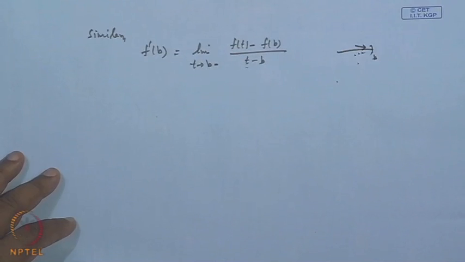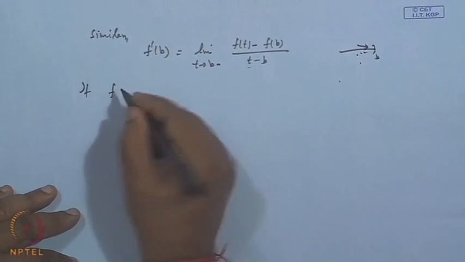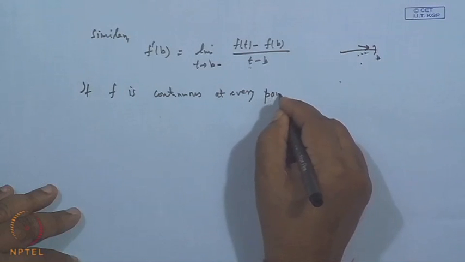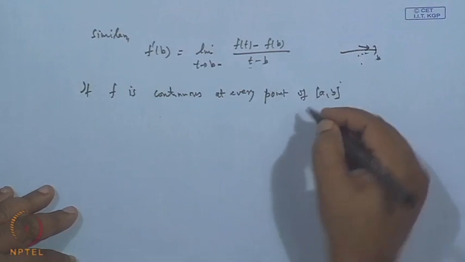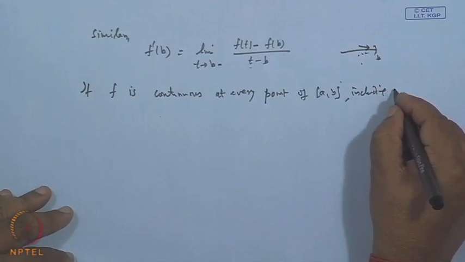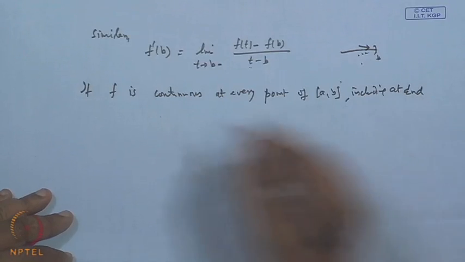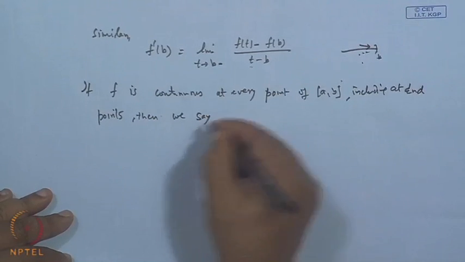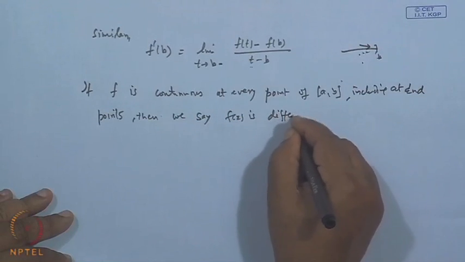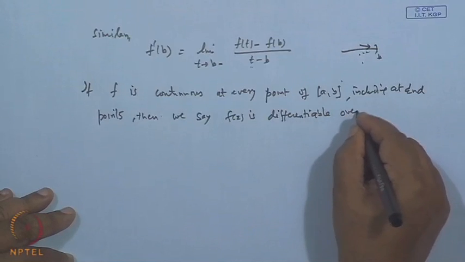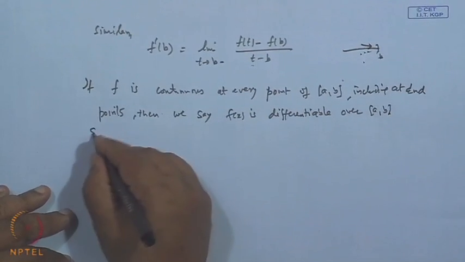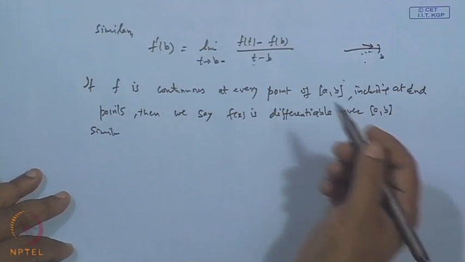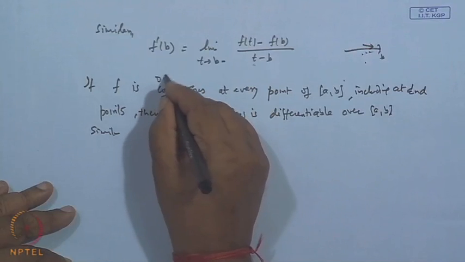So, if the function f is differentiable at every point of the closed interval [a, b], including the end points, then we say the function f(x) is differentiable over the closed interval [a, b].